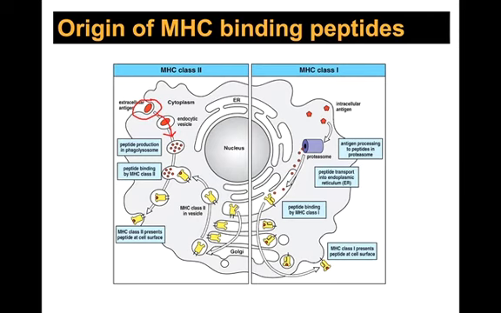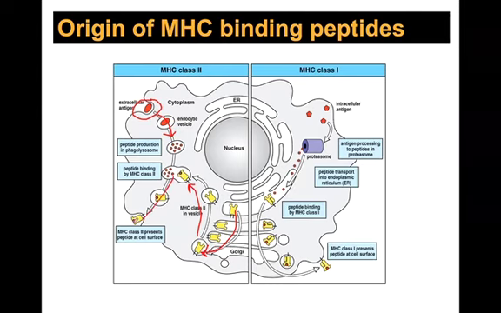At the same time, you're synthesizing MHC class 2, and this is going into the exocytic compartment, a specialized exocytosis pathway called the MHC2 compartment. This will fuse with these phagolysosomes, allowing these peptides to bind to MHC class 2.